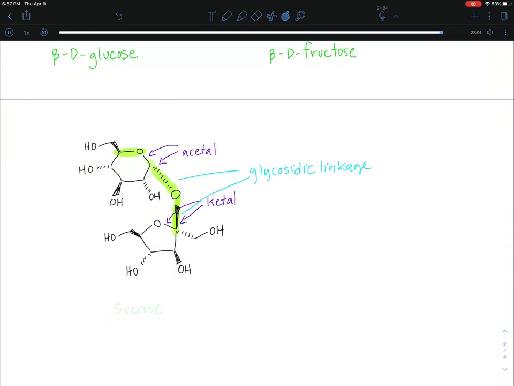But in sucrose, we have an acetal and we have a ketal, right? So that's a specific example of this functionality that we can create by reacting either one or two equivalents of an alcohol with either a ketone or an aldehyde.